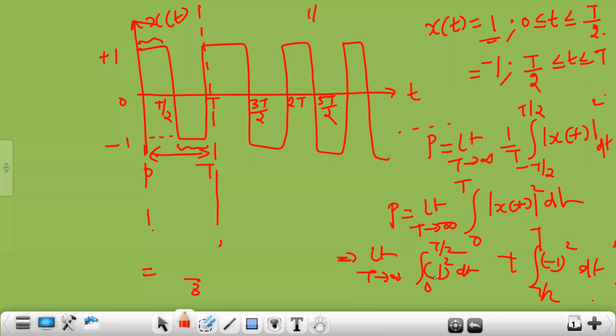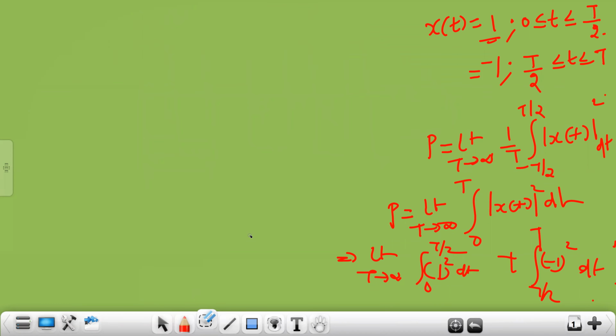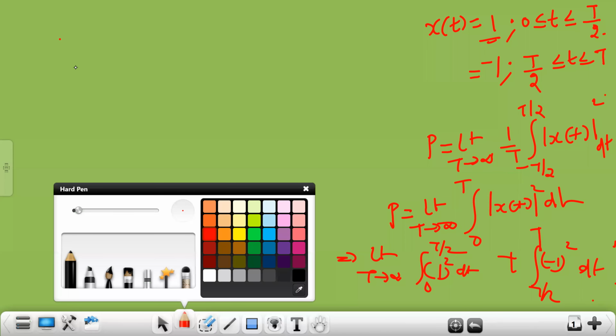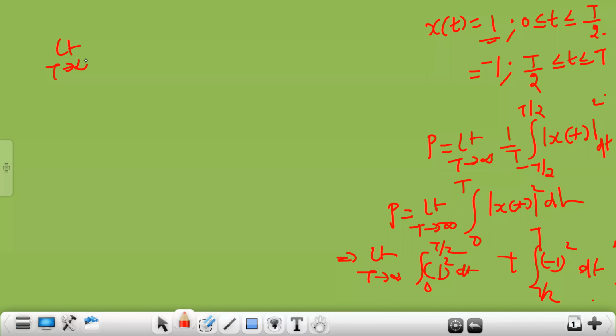Now you try to integrate and find the answer. So limit T tends to infinity, integral 1 square is 1 square dt. What is the integral of 1 dt? T, sir.